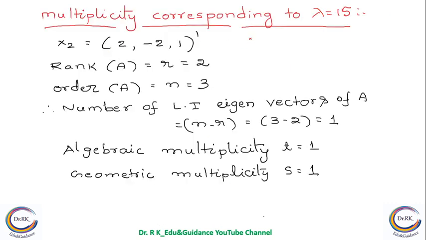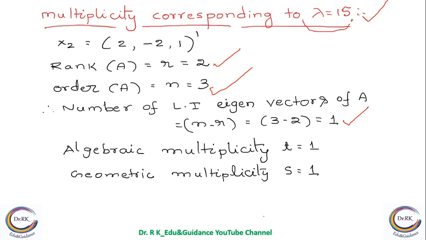Then we'll discuss the multiplicities. Here it is almost a similar kind of discussion because there is no variation in terms of the eigenvalues as well as eigenvectors. So rank is 2, order is 3, and the number of linearly independent eigenvectors is n minus r. n is the number of variables or the order of the matrix given, and r is the rank of the matrix A. So that is 1.